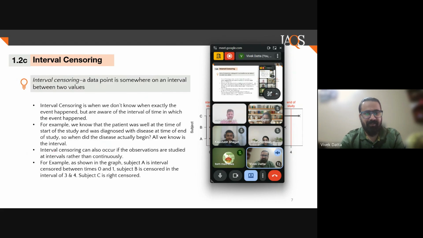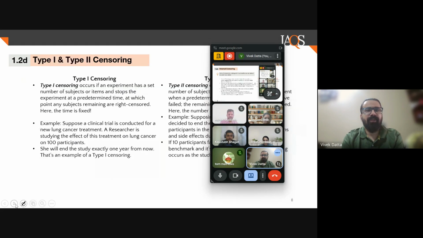Why is this tab not working? Okay. Then we have type 1, type 2. Type 1, I have already told you. But what is type 2?